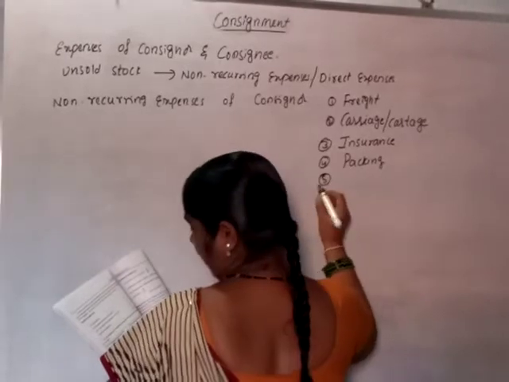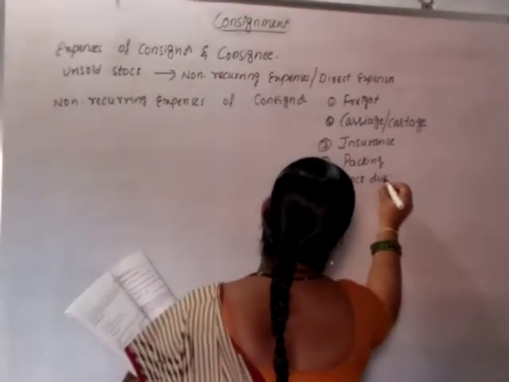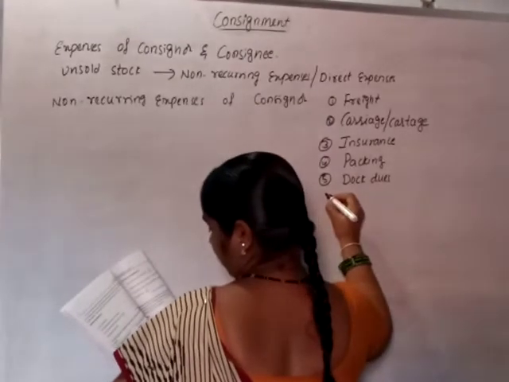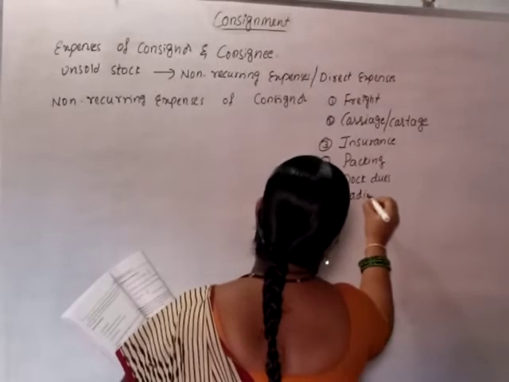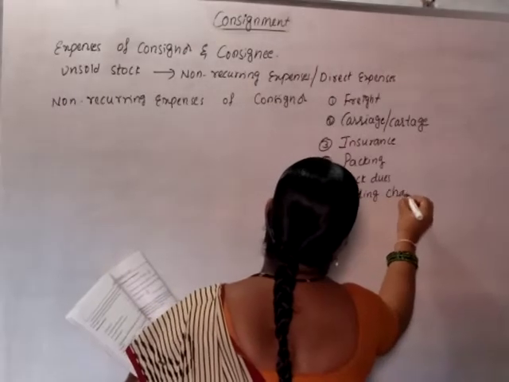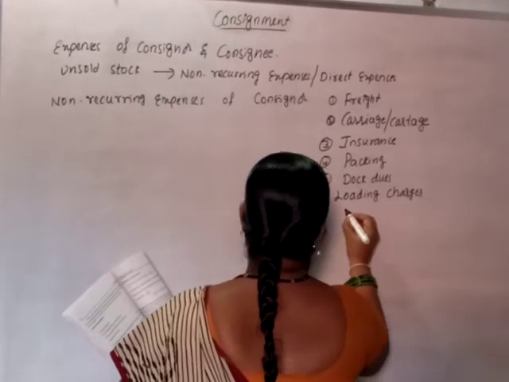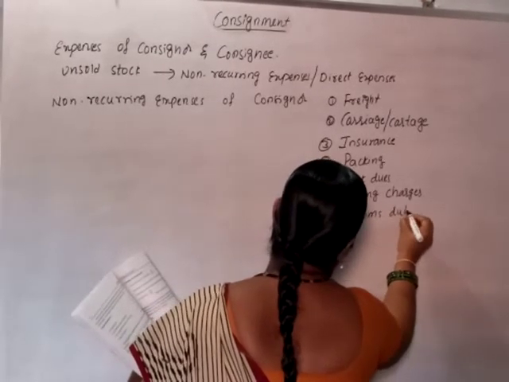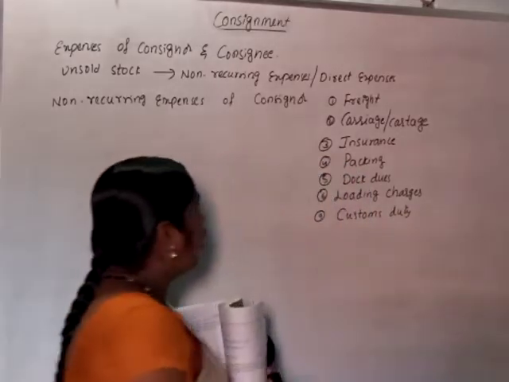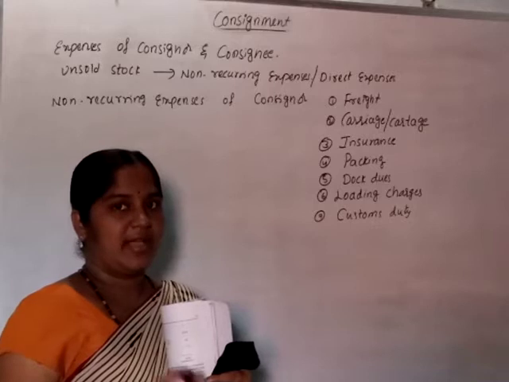Fifth one is dock dues. Next one is loading charges. And the next one is customs duty. All of these come under the non-recurring expenditure of the consignor.